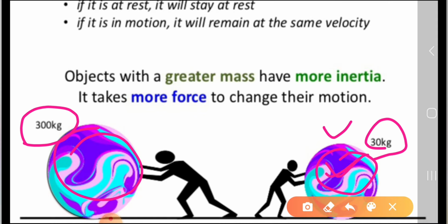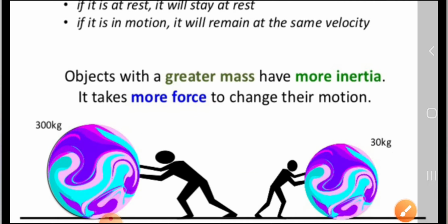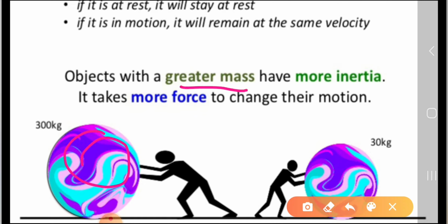Here a small person is pushing, and this is a very giant object, pushed by a big man. Objects with a greater mass have more inertia, and it takes more force to change their motion.